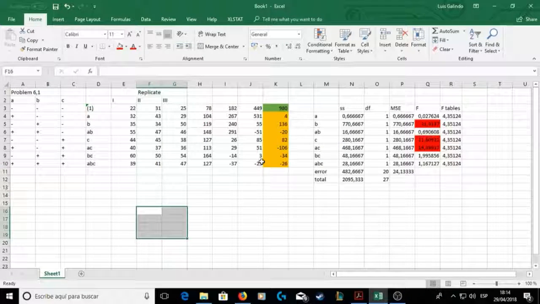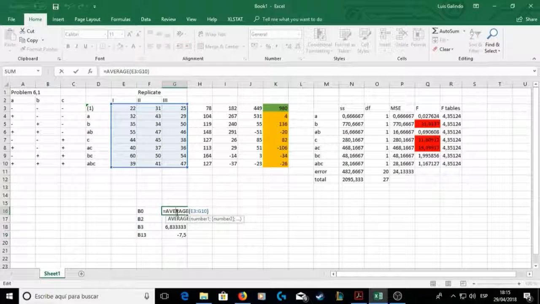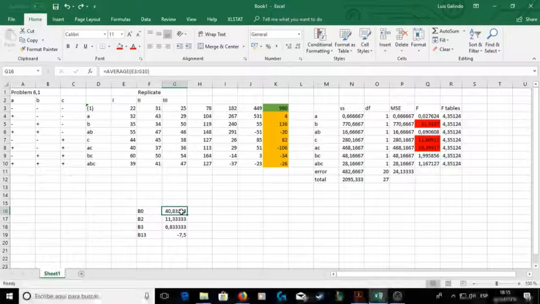So now that we know that we just care about these values, we can run a regression model with these ones. I have already done that because I don't have enough time. The book says that this can be calculated: beta 0 can be calculated as the average of all data.